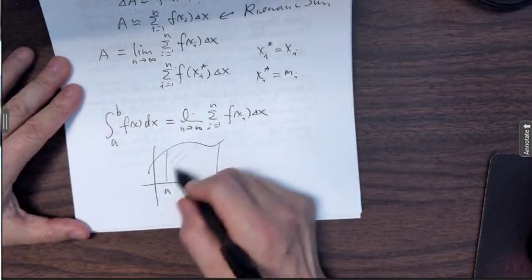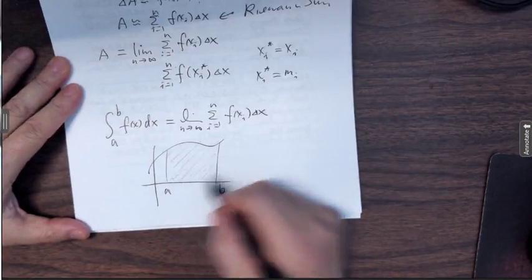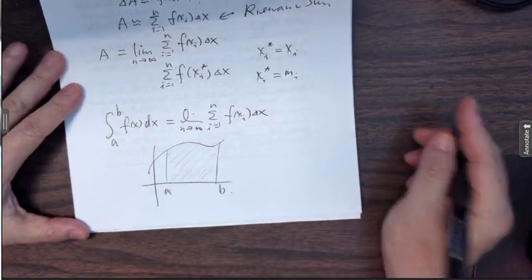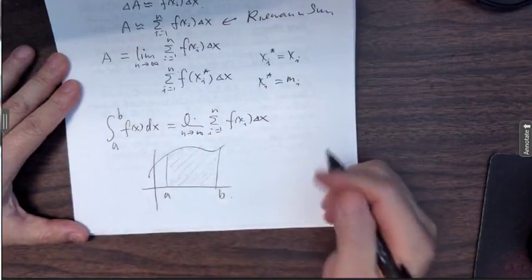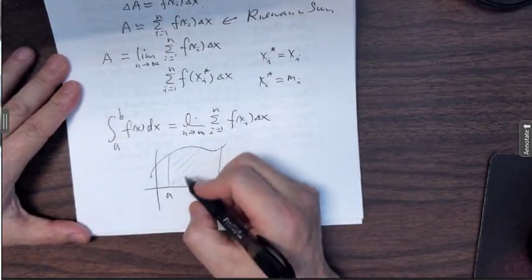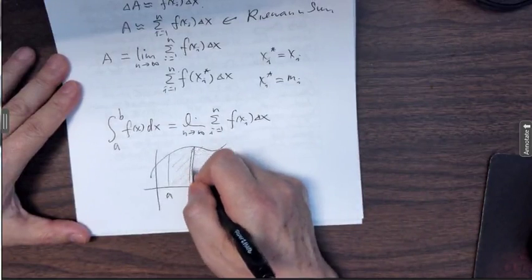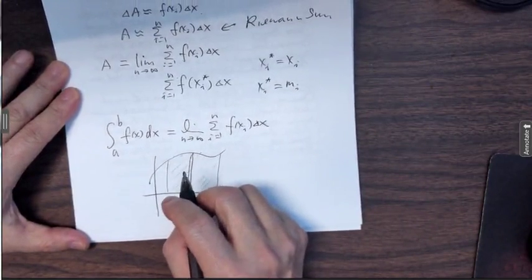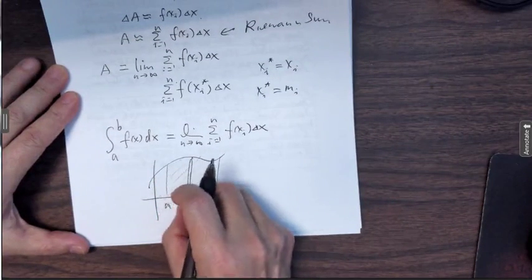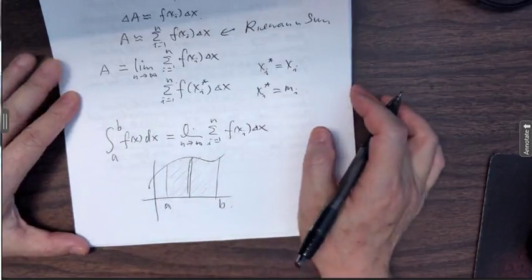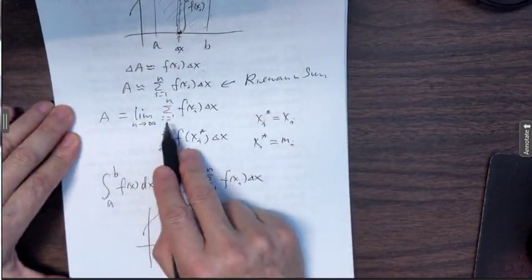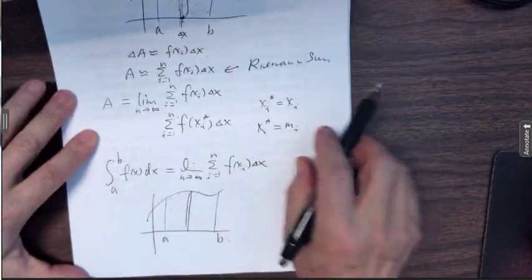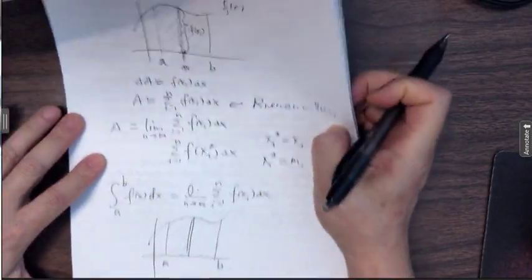So again, we want to consider the area of this region. This time we slice, of course, and then pick up a strip so narrow, so the interval is so short. Since we're going to take n strips, and n will go to infinity, this strip is very, very narrow.